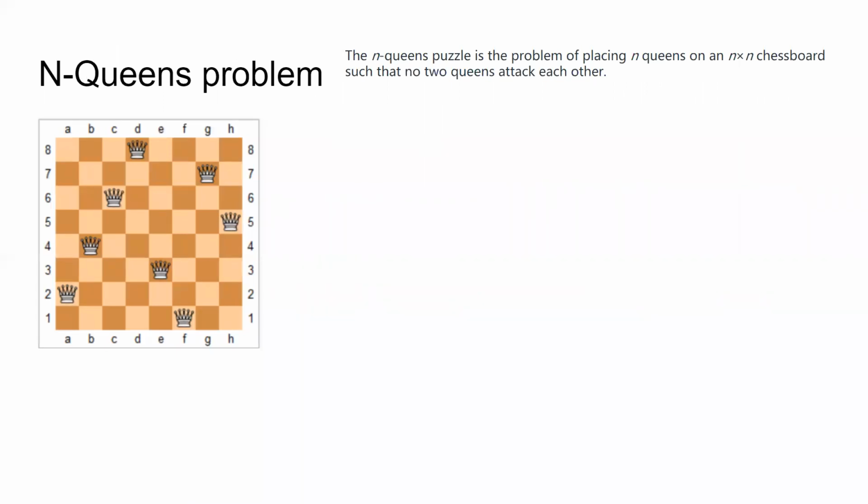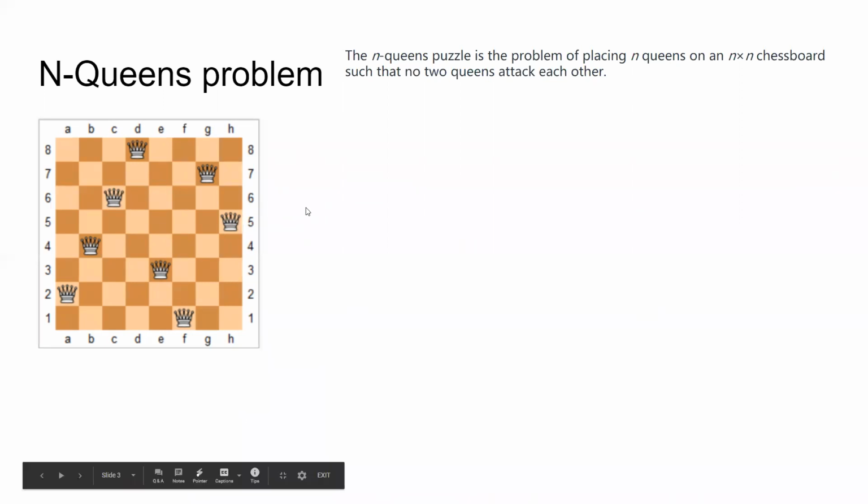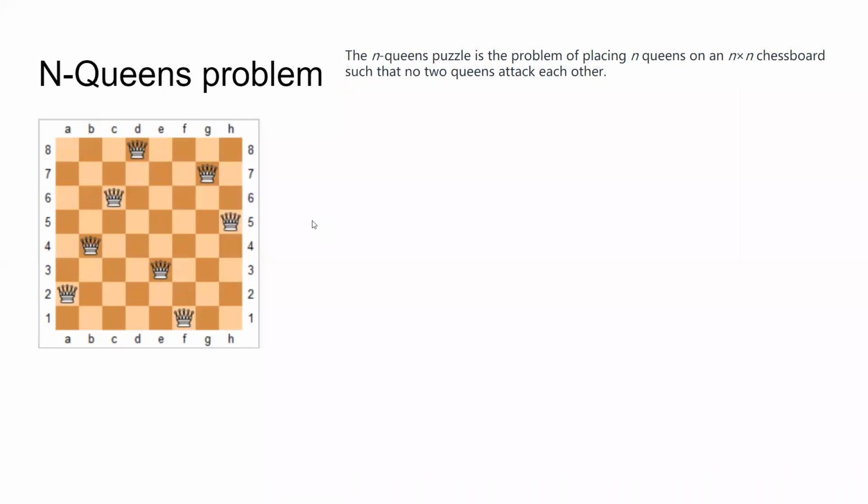So let's dive into the first problem here, which is an n queens one. I believe everyone probably is familiar with this: given an n by n chessboard, you have to place n queens, and the constraint is that no two queens should attack each other. By the term attack, it means that you can't have two queens in the same row, same column, or diagonal, right?